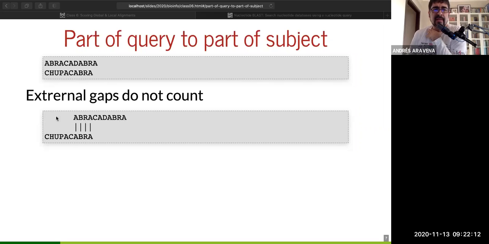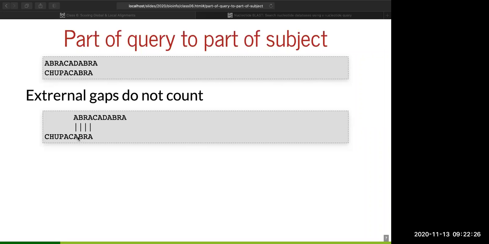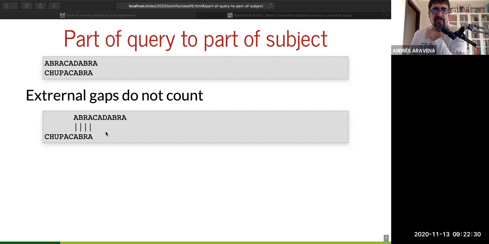First, external gaps don't count. So I didn't put anything here, and I didn't put anything here. The alignment, here I am representing with these 4 lines. Do you see them? So part of the first sequence matches part of the second, and the rest, we don't care. We ignore this part.